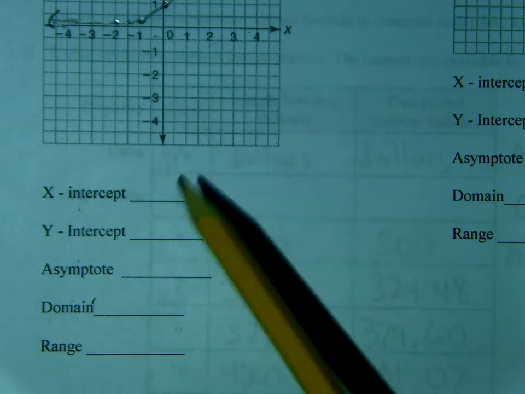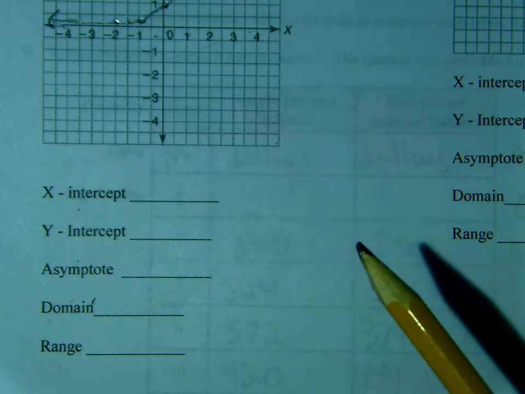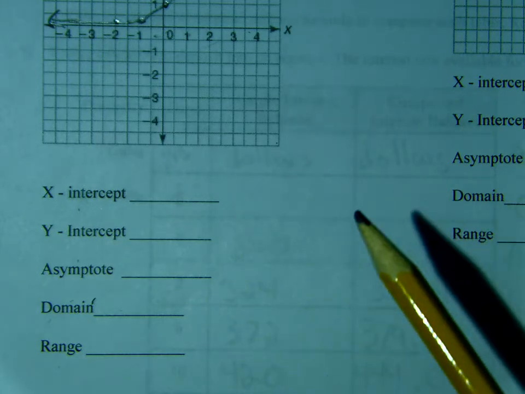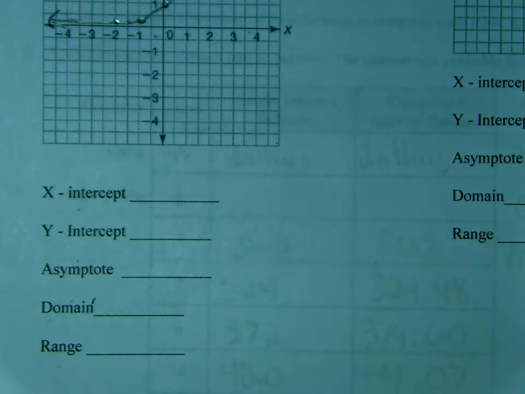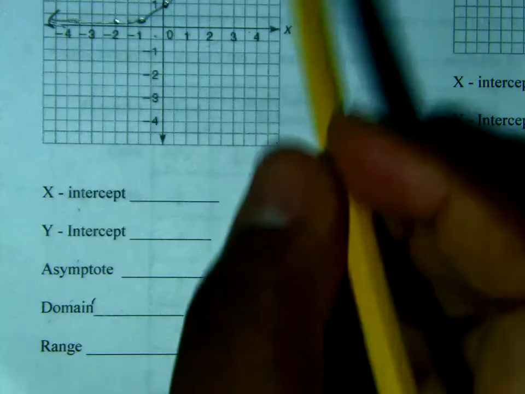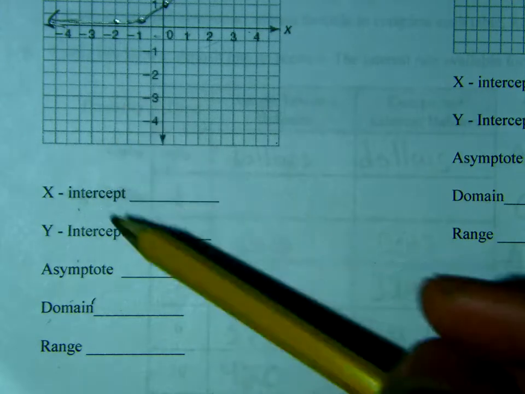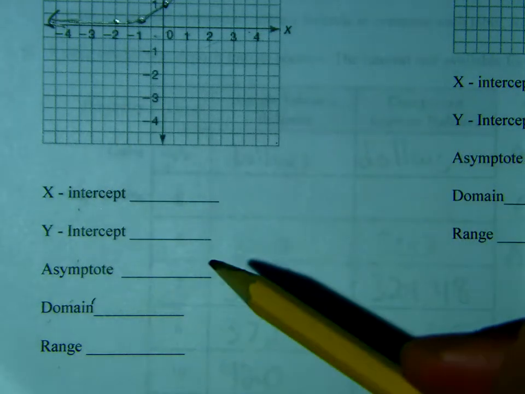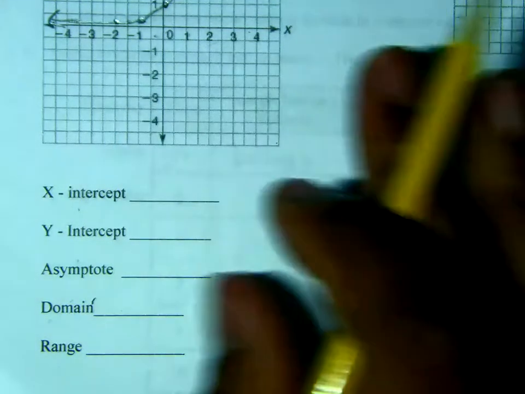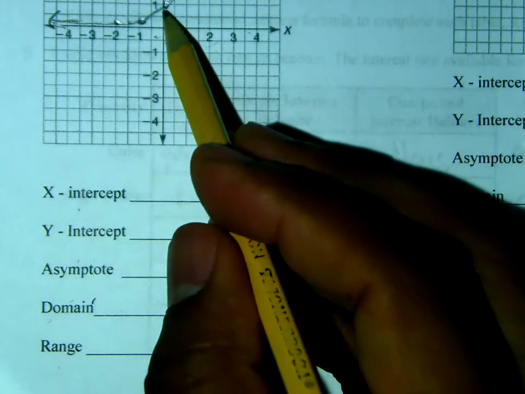Okay? Now, x and y-intercept you may be familiar with. Intercept is kind of like intersection. And what you're saying is, where does the line intersect with the x-axis, and where does it intersect at the y-axis? Well, you could take a look at the graph and determine that as well.